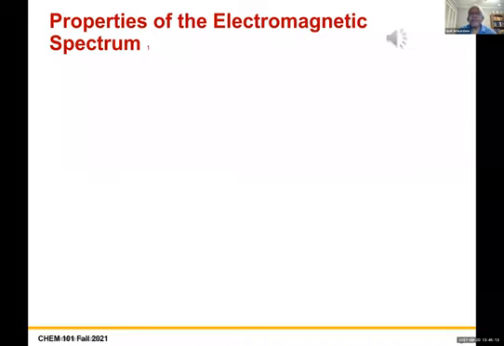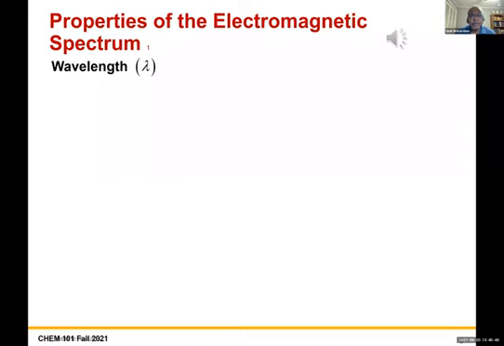Now we're going to look into these in more detail and talk about properties of electromagnetic radiation. A radiation has wavelength, a periodic motion common to waves, here the periodic motion of magnetic and electrical fields.